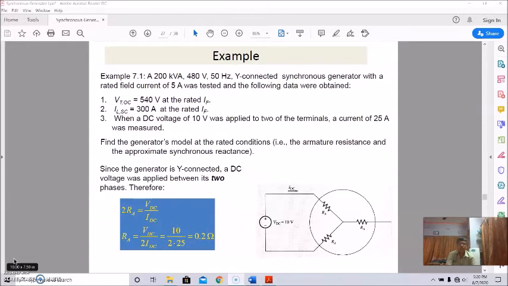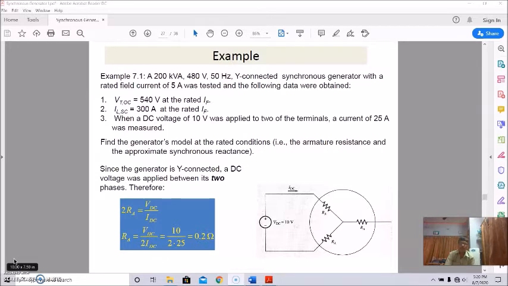The example is like this: a 200 kVA, 480 volt, 50 hertz star connected synchronous generator with a rated field current of 5 ampere was tested, and the following data were obtained. First, the terminal voltage at open circuit, VT OC, is 540 volt at the rated field current IF.